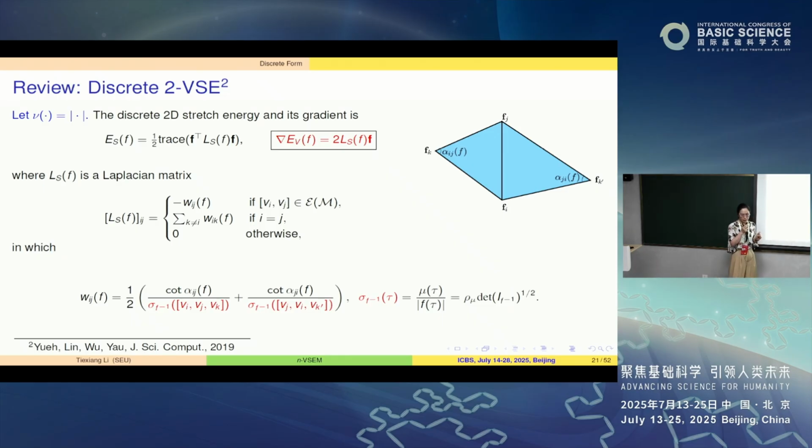But the difference is that we have to put this factor into the denominator. Here sigma is the ratio of mu tau and the volume of F tau, or the mass of F tau. This is a mass ratio.